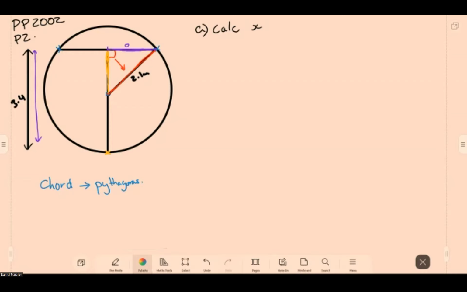Now we don't want that whole length, but what we can do is remove the radius. We know the radius is 2.1, and we know this distance here from the center of the circle to the outside edge is 2.1 meters. So from the center of the circle to the surface of the oil, the one I've drawn in yellow, can be found by doing 3.4 minus 2.1.